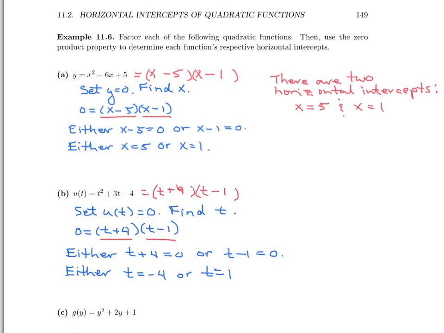That means, again, there are two horizontal intercepts of this function. Namely, t equals -4 and t equals 1.